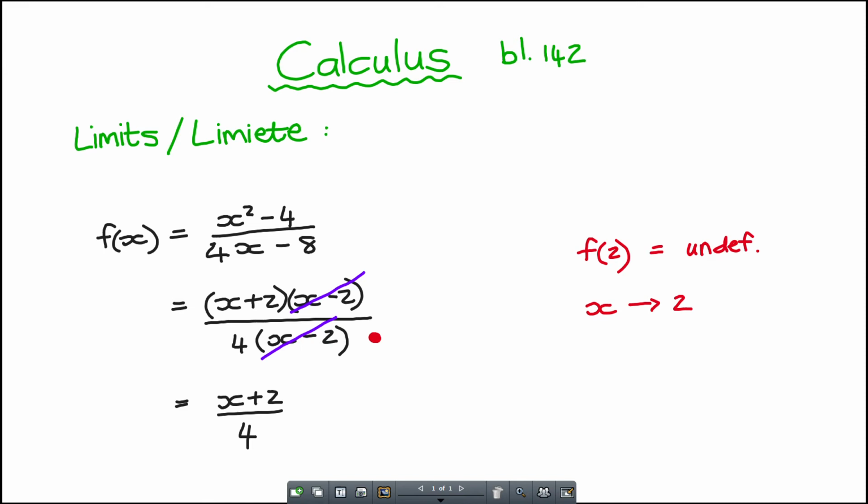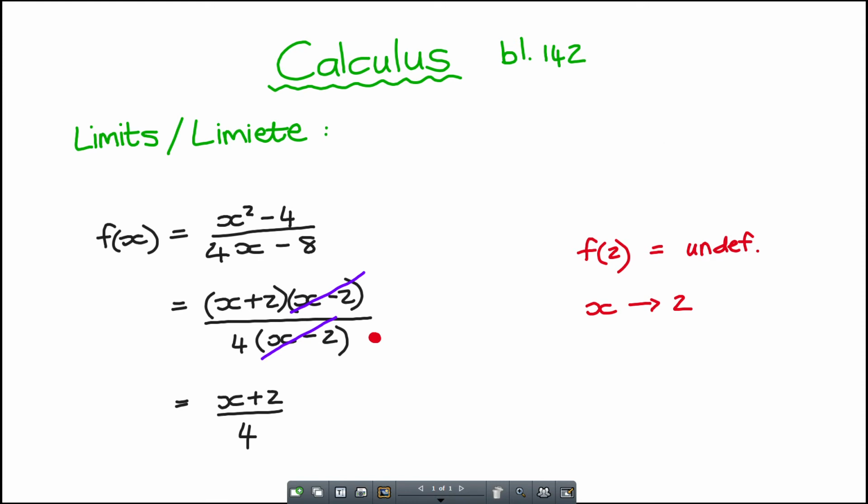Kom ons kyk gou-gou, hoe gaan hulle hom vir my skryf? So in plaas van hierdie, nee? In plaas van net fx. Want kyk gou-gou nou, hierso was dit vir my moeilik. We didn't have a x at the bottom, nee? So what they're going to do is they're going to say f, nou moet ek gou-gou mooi kyk.